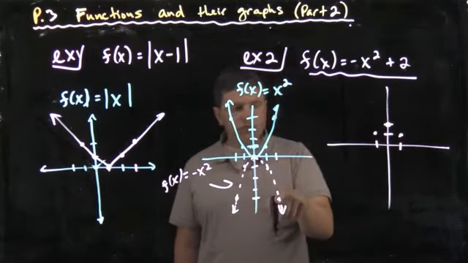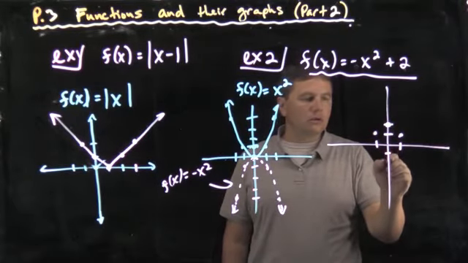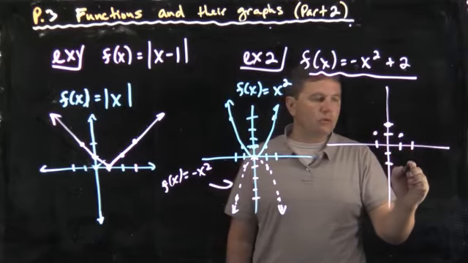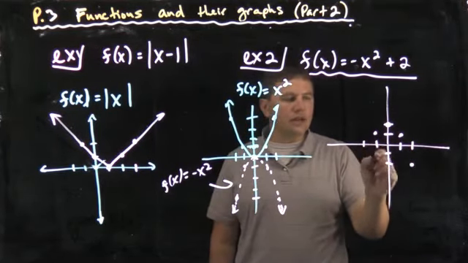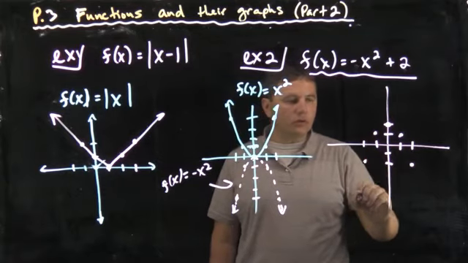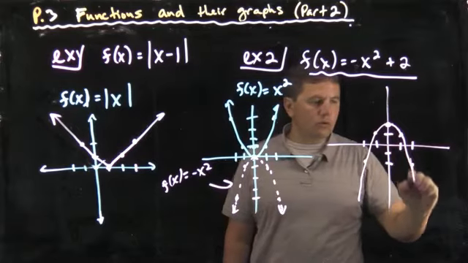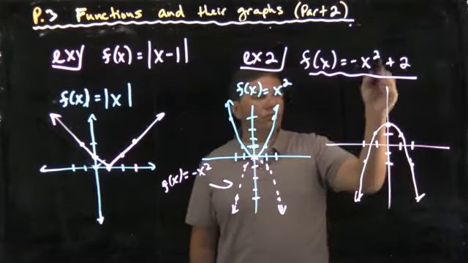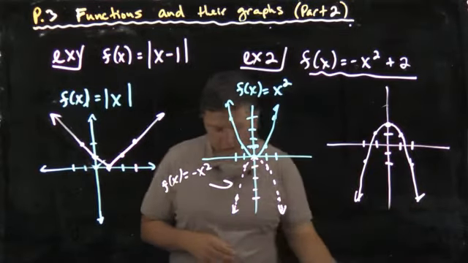This point here, 2, negative 4 will be 2, negative 2, and on the other side, negative 2, negative 2. And that is our new function with the reflection and the shift. Okay, so pretty straightforward stuff.